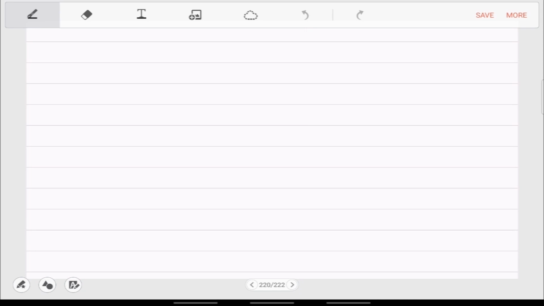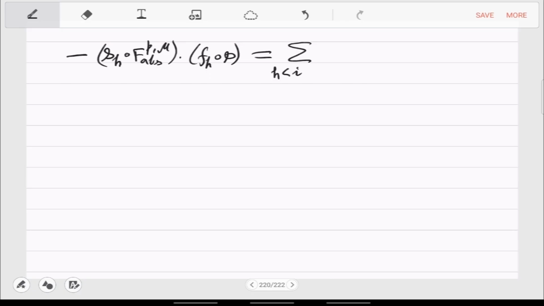Equation is minus of SH, sigma i goes from H to r.